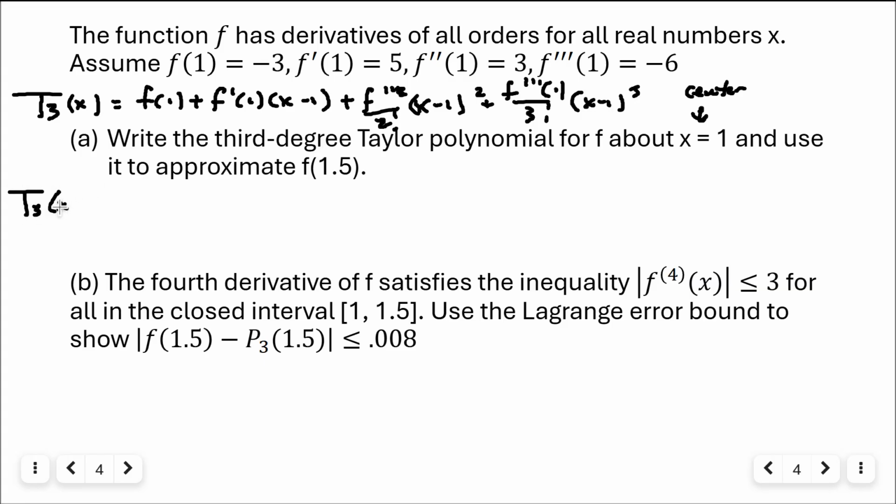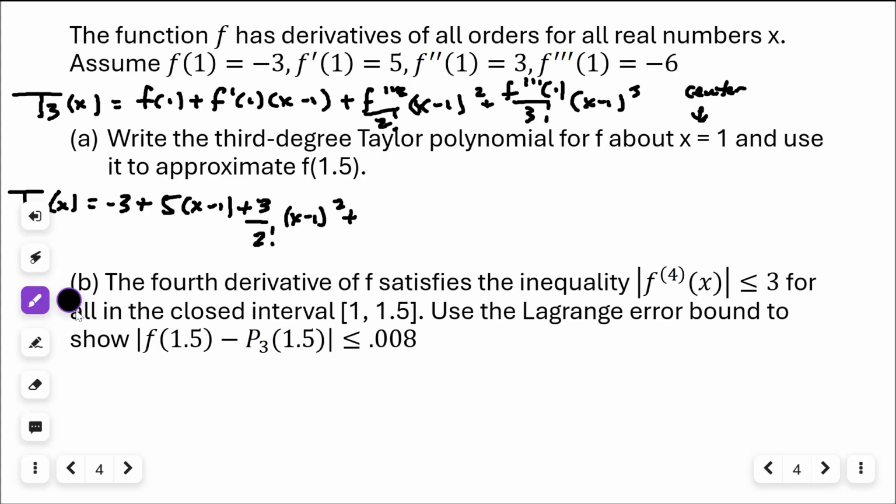So T sub 3 would be, let's start substituting numbers in. We've got negative 3 plus 5 times (x minus 1) plus 3 over 2 factorial, (x minus 1) squared, or plus, well, it should be minus. Let's make this a minus here. Minus 6 over 3 factorial, (x minus 1) cubed.